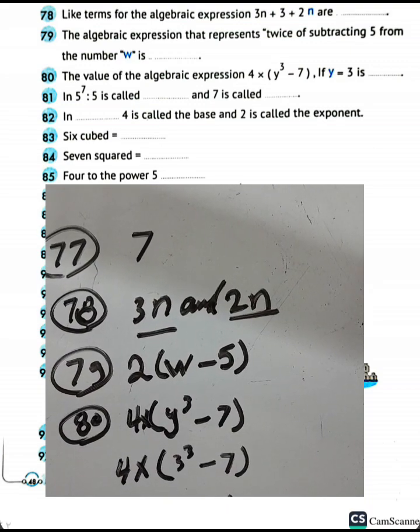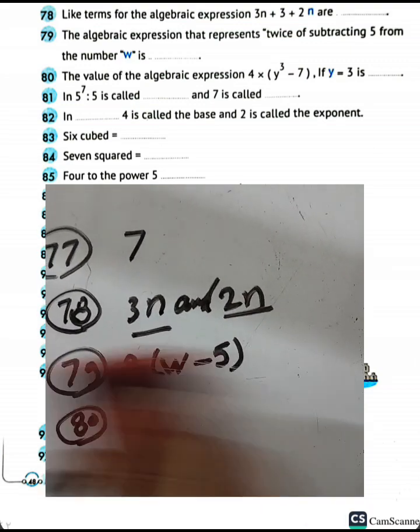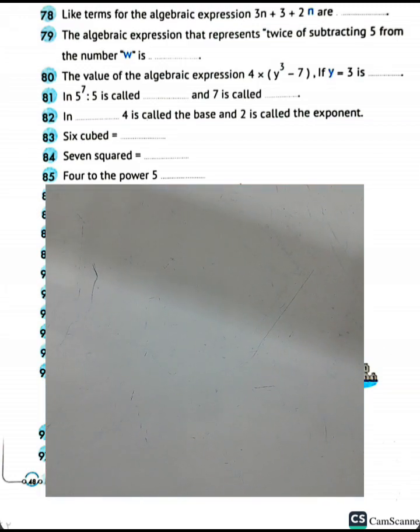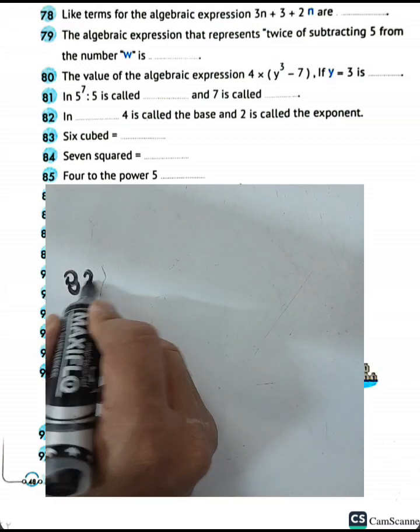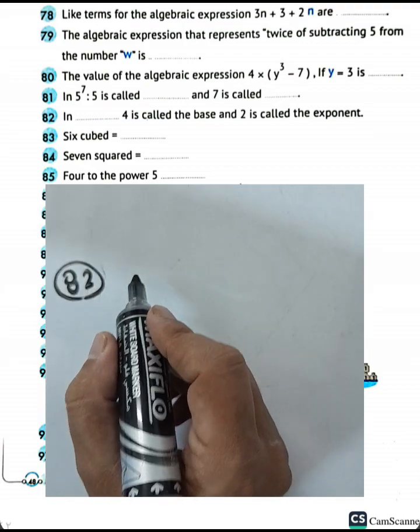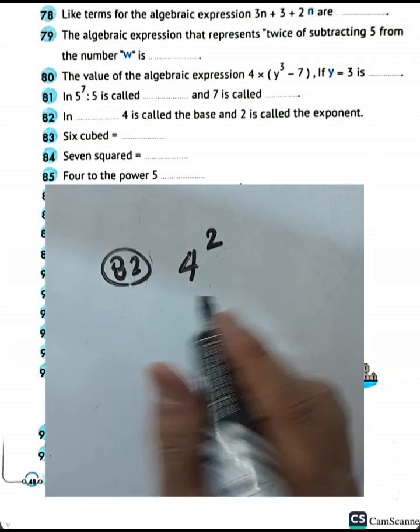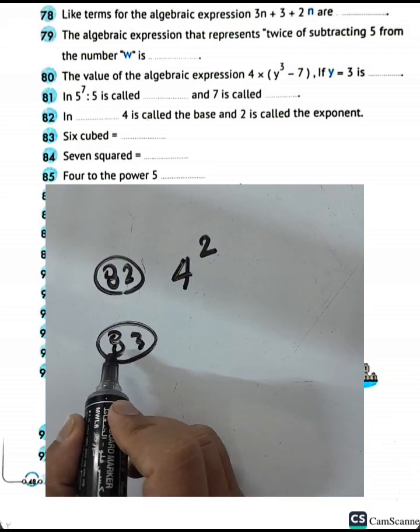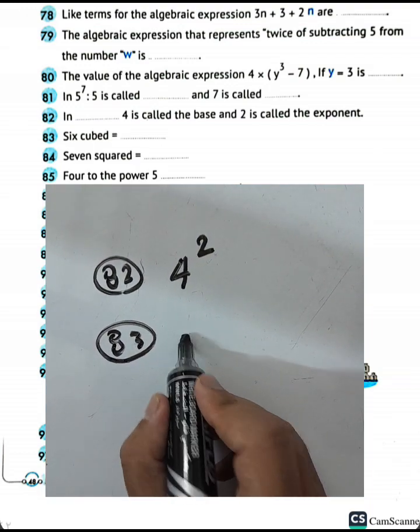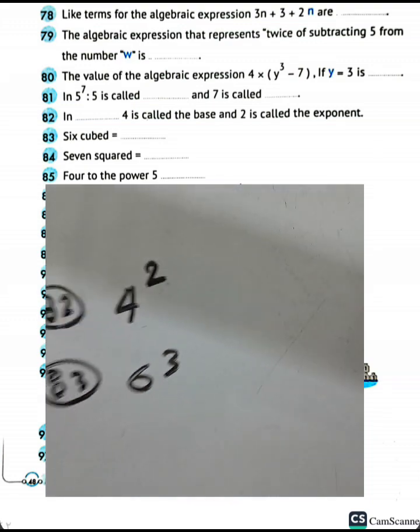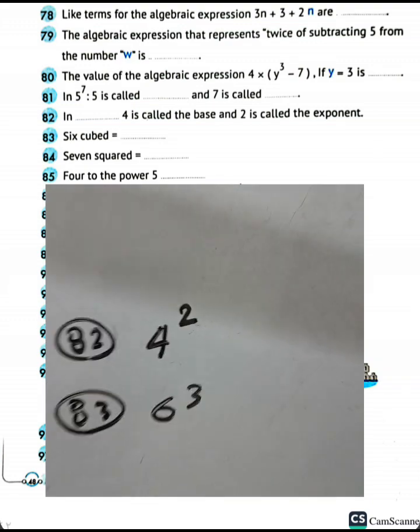Question 82. In 4 power 2, 4 is the base and 2 is the exponent. Question 83. 6 cubed is 6 power 3. Understood?